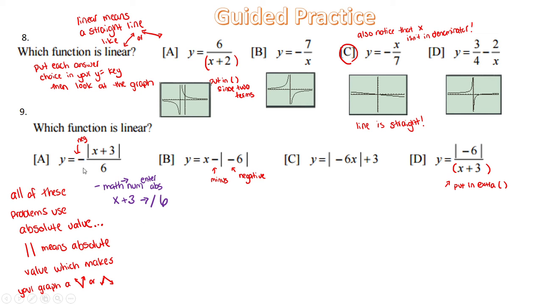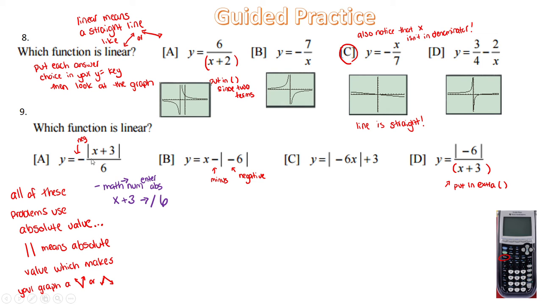In order to type in A, we would first start off with a negative symbol in our y equals key. Then we're going to go to the math key, just like we did to turn decimals into fractions. We arrow over one time to number, and then hit enter.